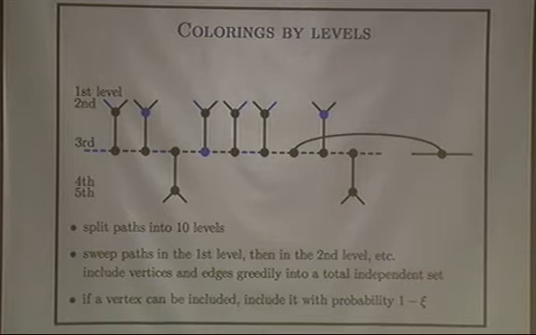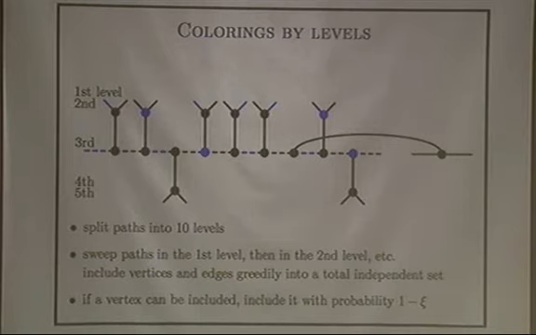In this way, I will kind of bound the way in which dependency between different events in my graph propagates. So I'm not going to include this vertex in my total independent set, and instead of that I will include this edge. So now I cannot include this vertex, I cannot include this edge either, and I come to this vertex now. So its mate is on a higher level, and if my mate is on a higher level, then I consider it as not being in the total independent set and I include it.